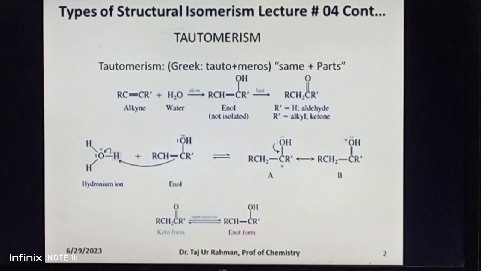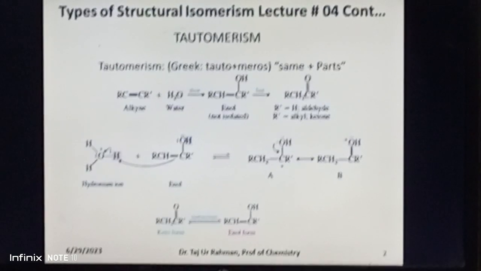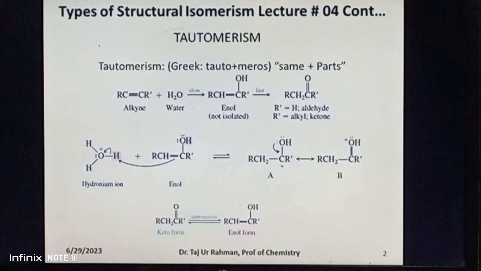The keto-enol tautomerization or keto-enol isomerization involves a sequence of proton transfers as shown in this mechanism. If we look at this mechanism, we can easily notice that the first step is the protonation of the double bond of this enol, which is analogous to the protonation of the double bond of an alkene.